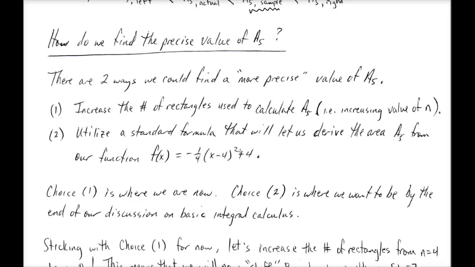And so choice 1 is where we are currently at, what we're trying to do. And choice 2 is where we will be by the time we end our discussion on basic integral calculus. And so if you're in a course where you've actually looked at the techniques for taking definite integrals, and you've already talked about area under the curve there, then you've already seen what choice 2 is all about.